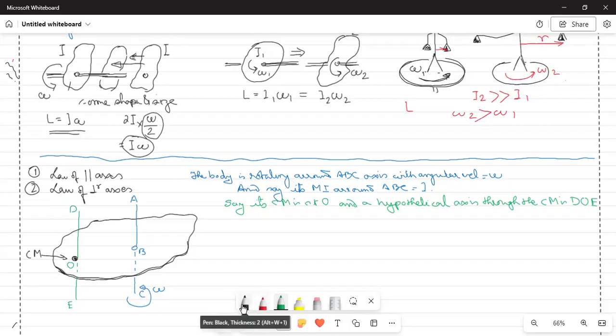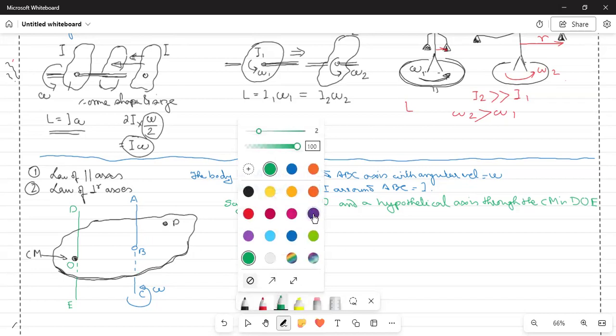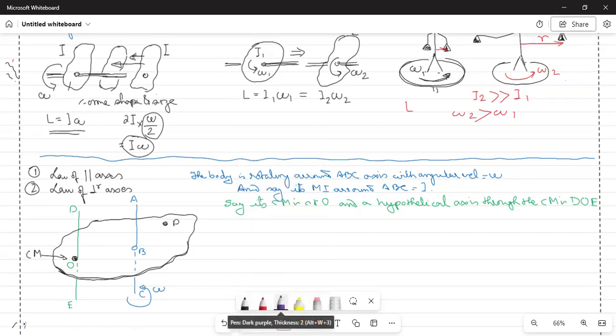Now let us consider any point P, which is any point. Then we also draw a line through O through B, and we take it as the x-axis.